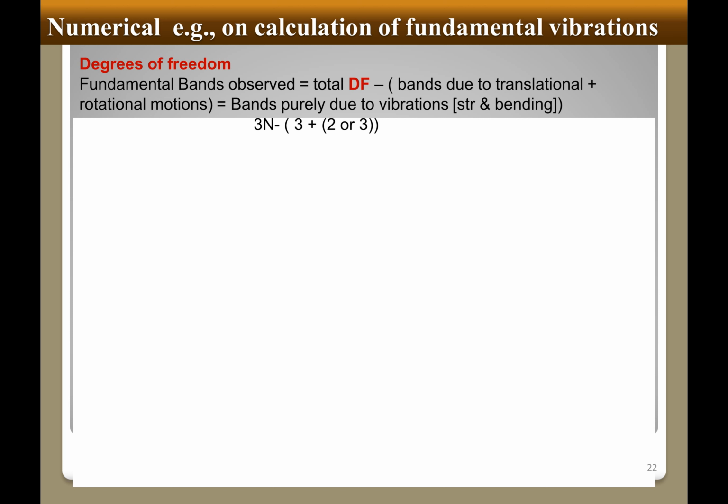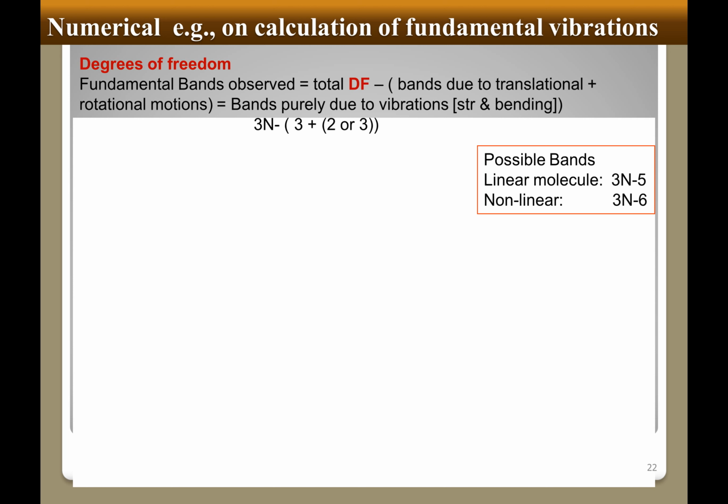Bands due to translational motions are 3, and bands due to rotations can be 2 or 3. For a linear molecule they may be 2, for a non-linear molecule they may be 3. So 3n minus 3 minus 2, that is 3n minus 5, or 3n minus 3 minus 3, that is 3n minus 6.